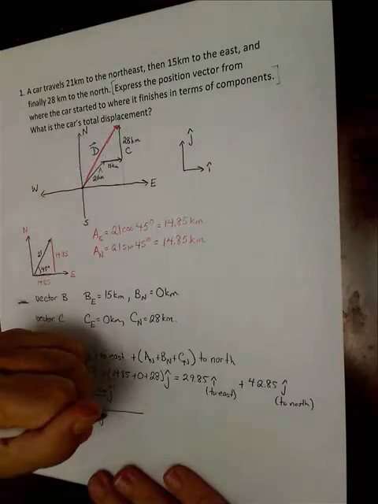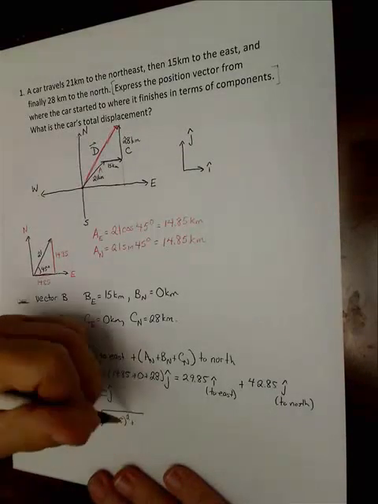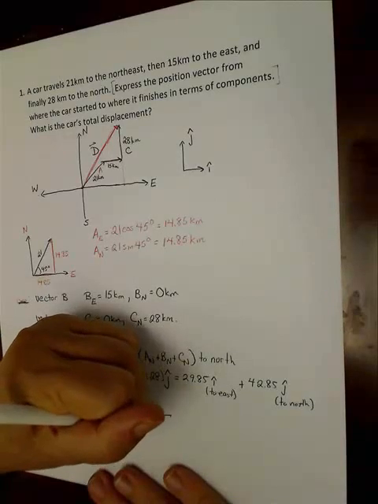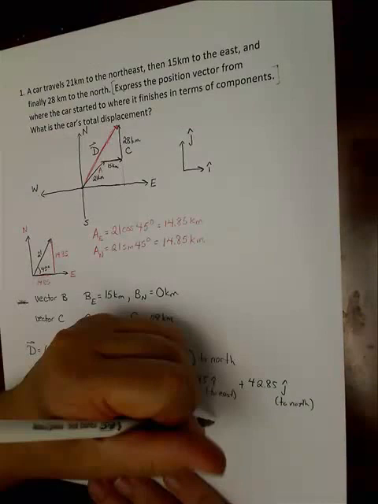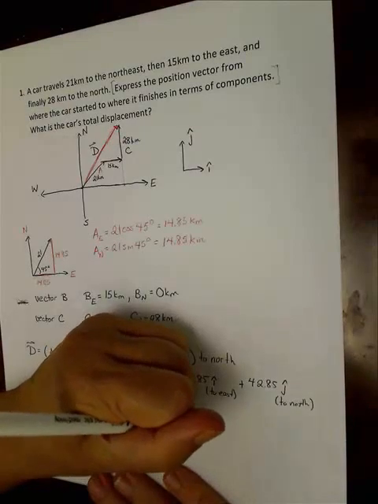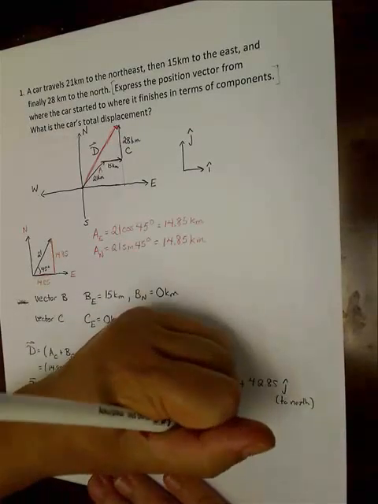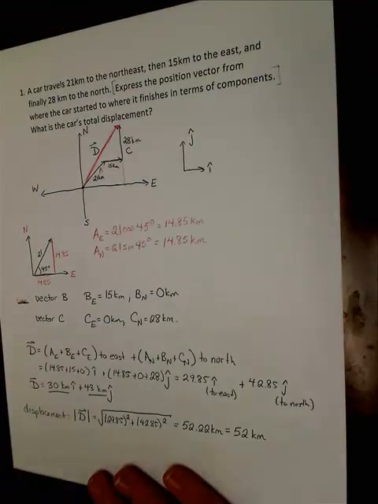So it's going to be, and again I'm going to use most number of significant figures, 29.85 squared plus 42.85 squared by Pythagoras. Take the square root, and I get 52.22 kilometers for the displacement. And I'm going to round that to two significant figures, so that's going to round down to 52 kilometers.